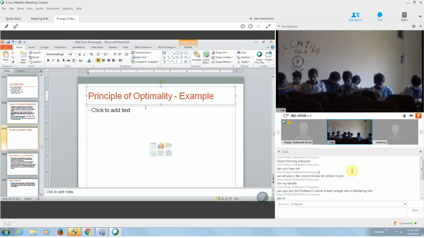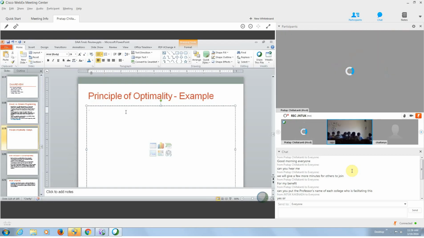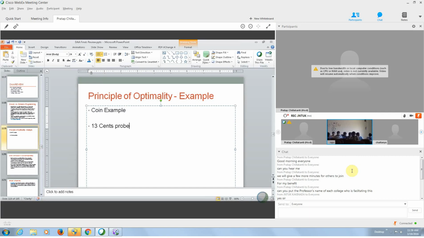Example illustration, right? Remember the coin example? The moment you see this, you should remember the coin example. What is the coin example that we had? It is so hardwired in my memory. If I say the 13 cents problem.